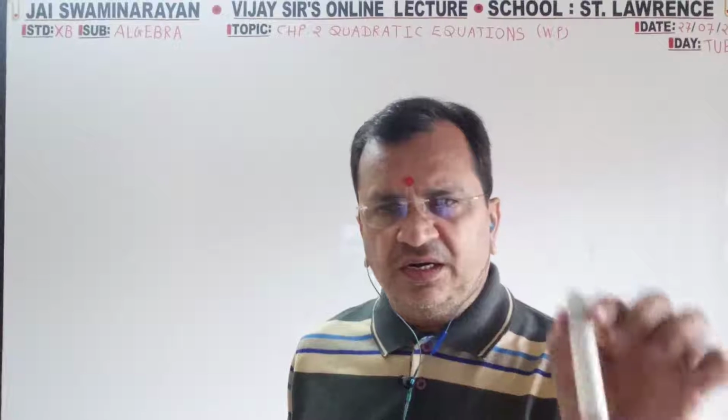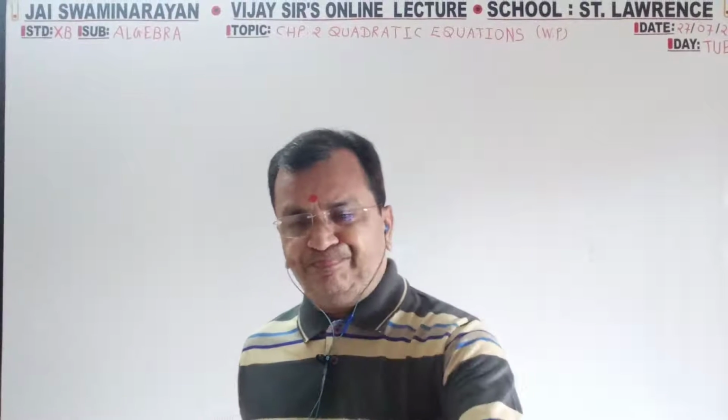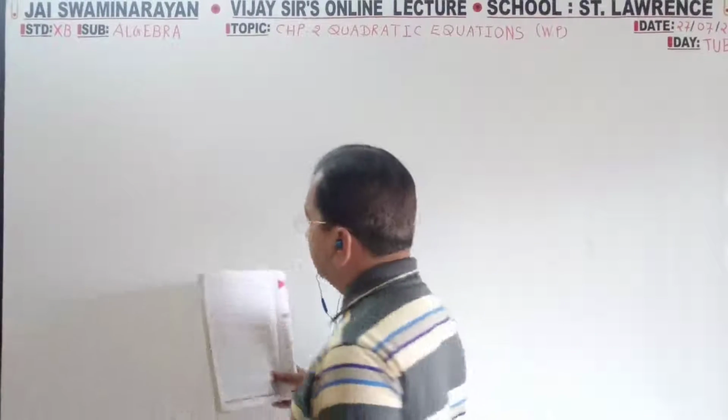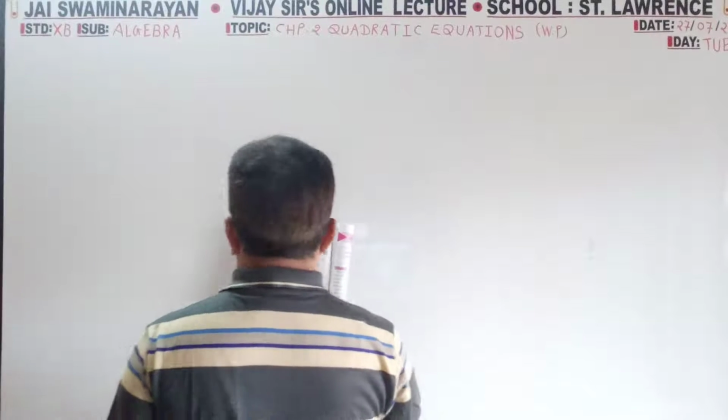You have done the formula method. In the first part of the formula method you find the discriminant, b square minus 4ac, and on that basis we solve. So first we will do this, then we will go to the word problem again.